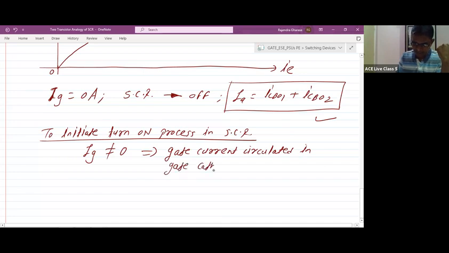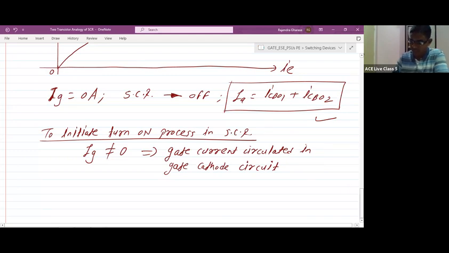Now let us understand how the circulation of small gate current will help in building the current flowing through the SCR from leakage current to a high value. Because when your gate current is 0, we are getting only leakage current, and IA is equal to leakage current. Now let us discuss.